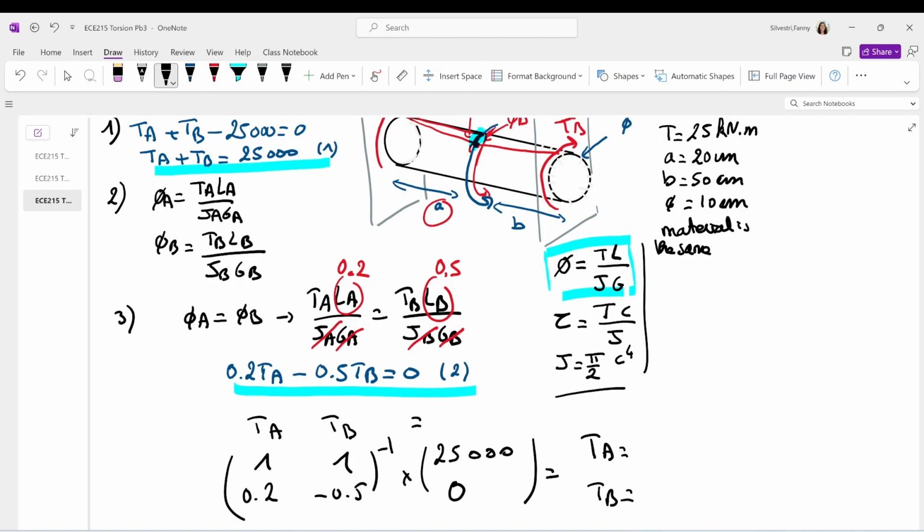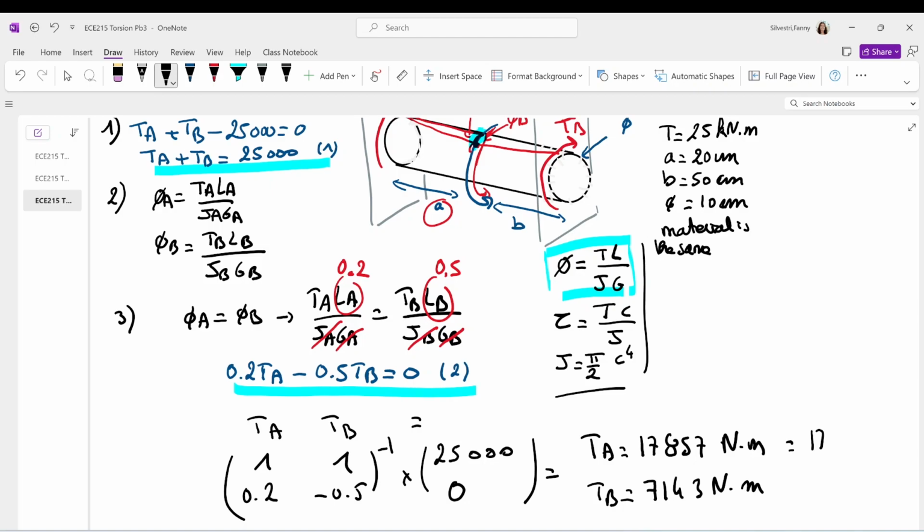I got some very strong torque: 17,857 newton meters and 7,143 newton meters.